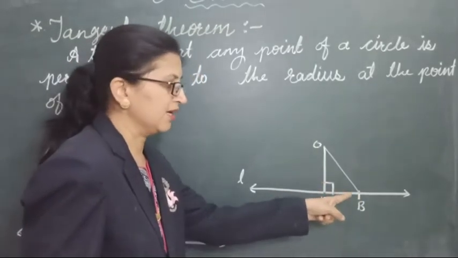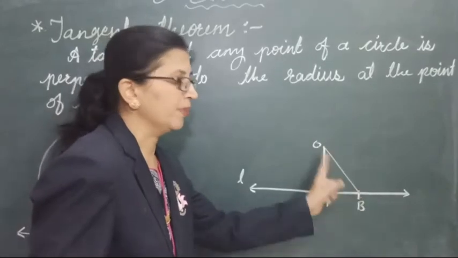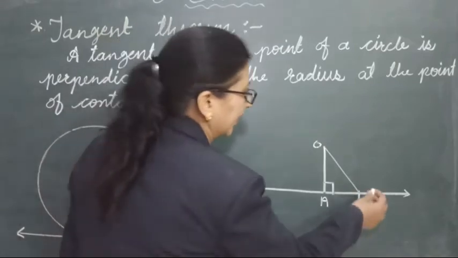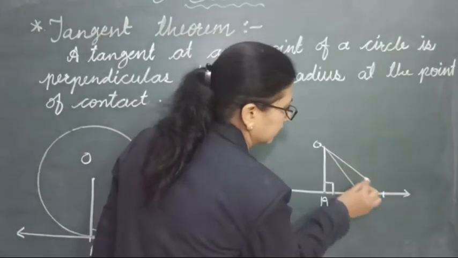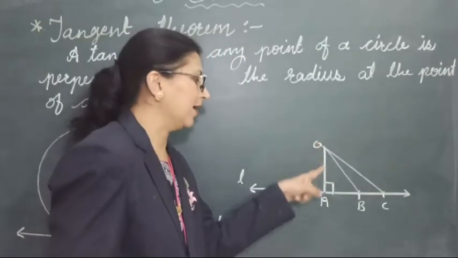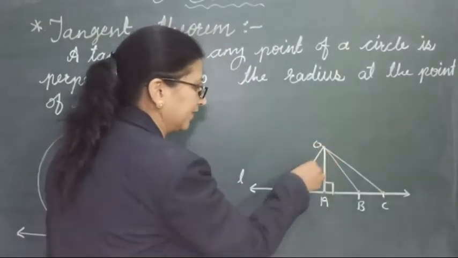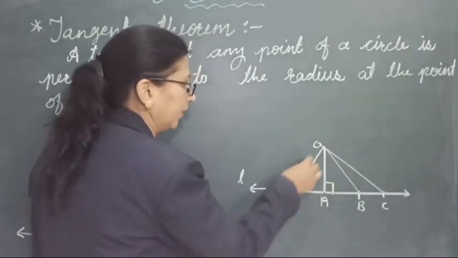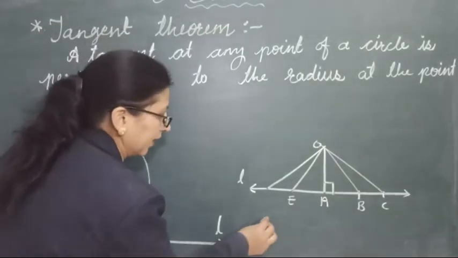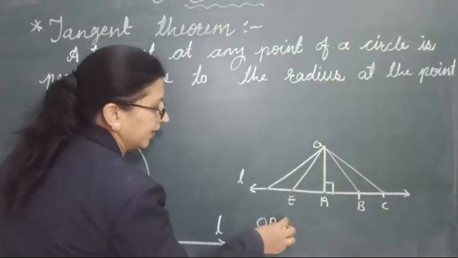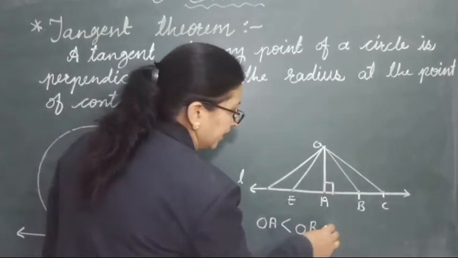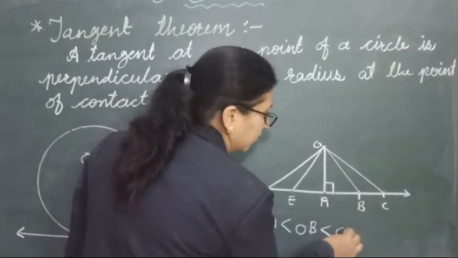By the Pythagoras theorem also we get OB as a hypotenuse, which is greater than OA. Or if we take C, distance OC is greater than OA. Or if we take this side E, OE, or in this way, we will find that distance OA is smaller than OB, which is smaller than OC.